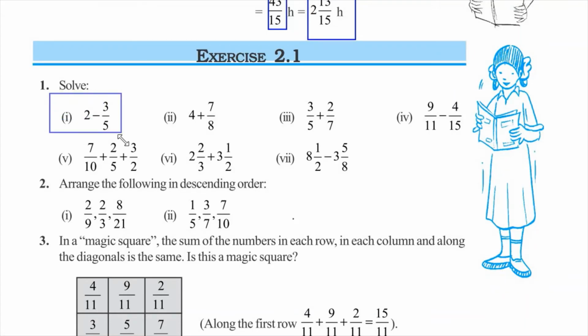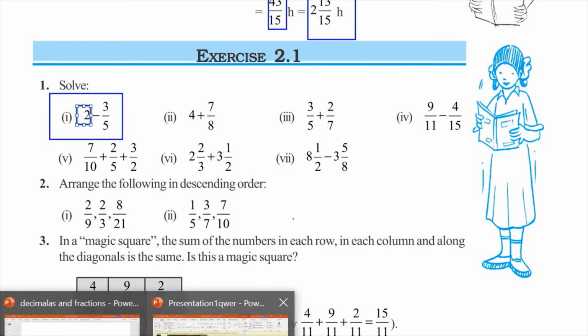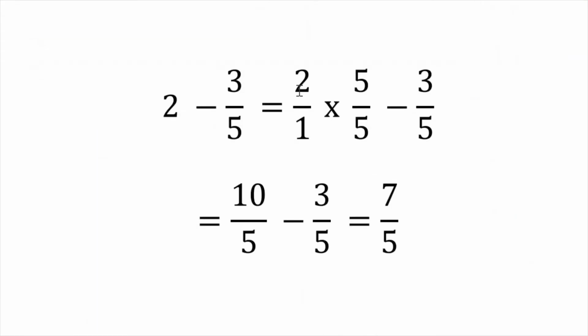So we'll try to do the first one, 2 minus 3/5. So this 2 can be written as 2 divided by 1, and the way we have to solve this is we need to convert these two into like fractions. So how do we convert them into like fractions? We need to multiply numerator and denominator of 2 by 5.